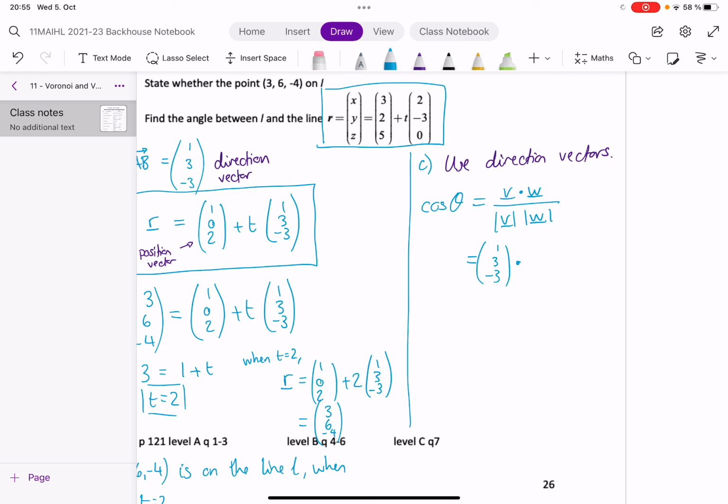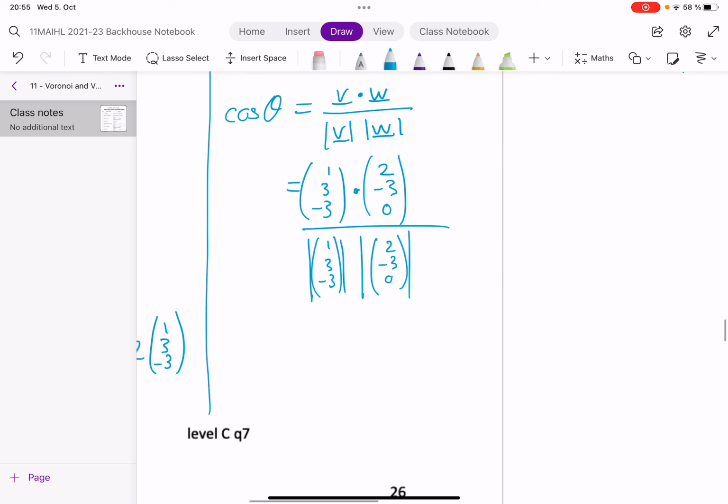I'm going to use my direction vector from this new line as w. Okay, and then I'm busy calculating and I'm finding theta.